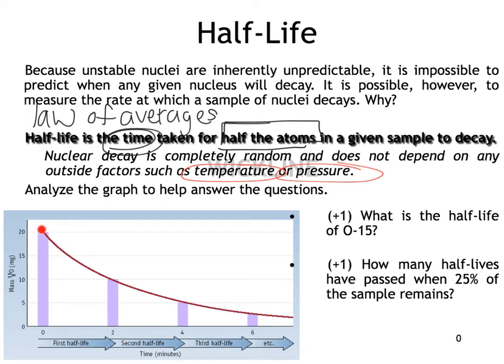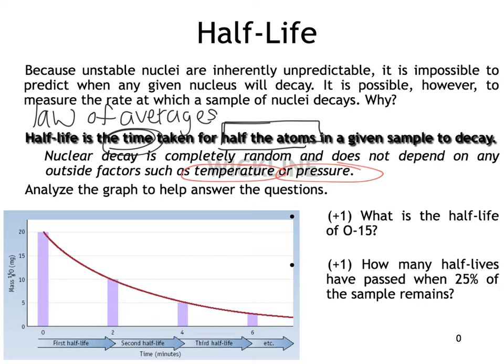And it looks like at the very beginning of the experiment, you have 20 milligrams of oxygen-15. And so it starts out with 20 milligrams. It goes from 0 all the way up to 20. But it looks like some time period later, that number of milligrams is decreasing. And at this second purple bar, I only see 10 milligrams of oxygen-15 remaining.